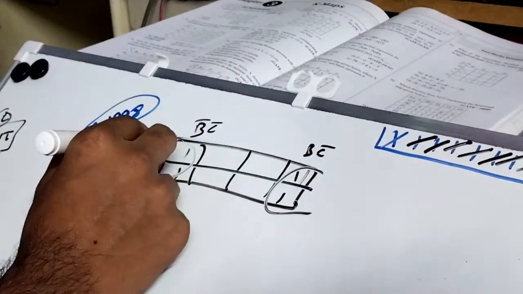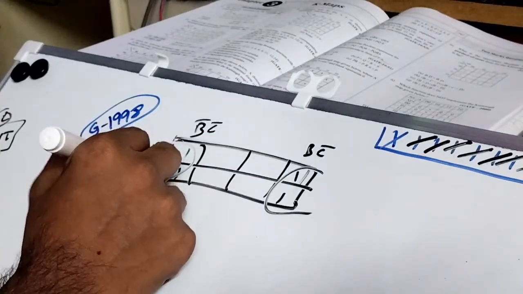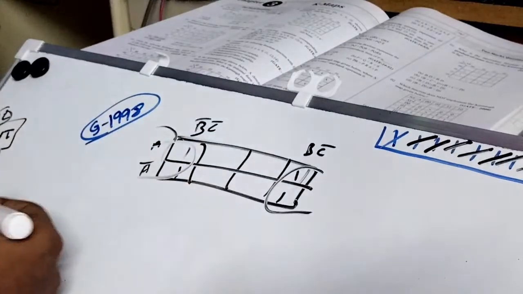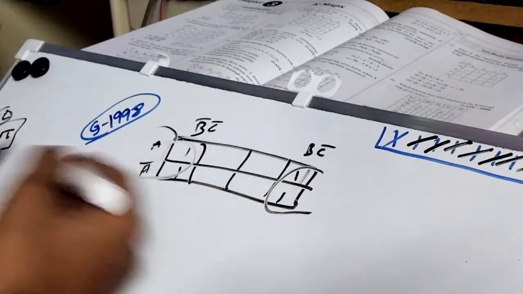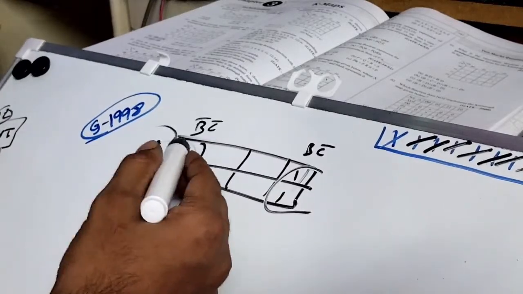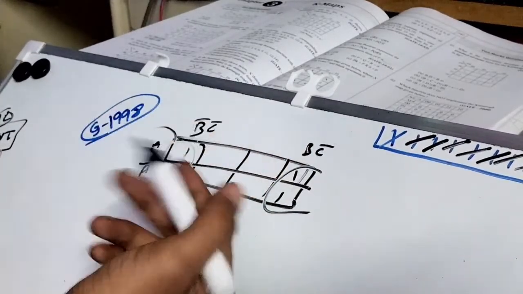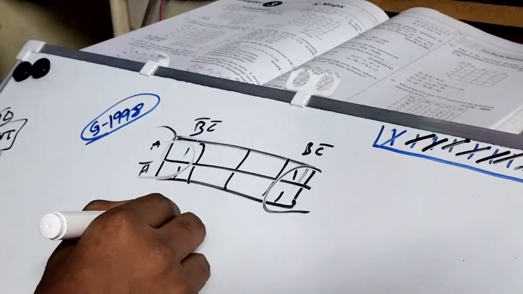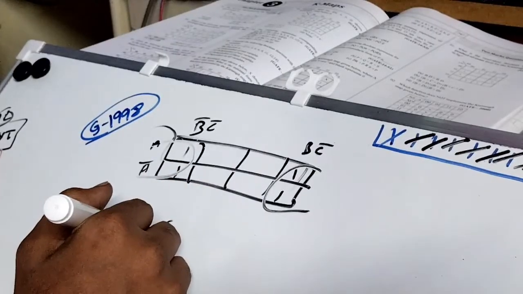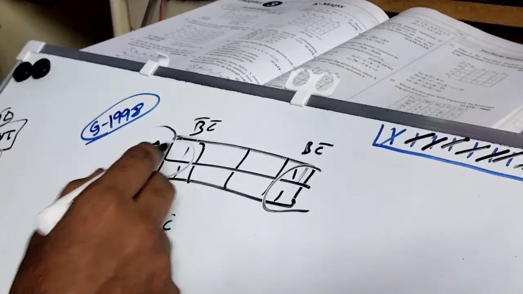C bar. Here, A bar. Okay, let's register. We'll get the answer out. C bar is the common.